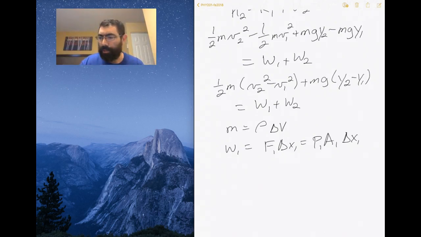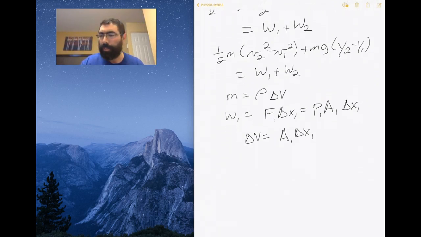And now the volume is equal to the area times the length. But we're not changing the volume, it's an incompressible fluid, so delta V is A2 times delta x2, the length there.